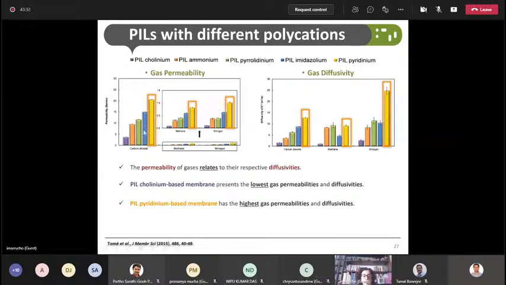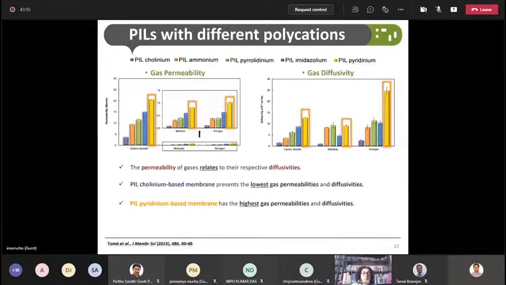However, so this is the permeability, and realize that the same trend is obtained in diffusivity. Now realize one thing, is that these pyridinium-based membranes are those that provide the best results, but we did not pick them up to continue our studies.